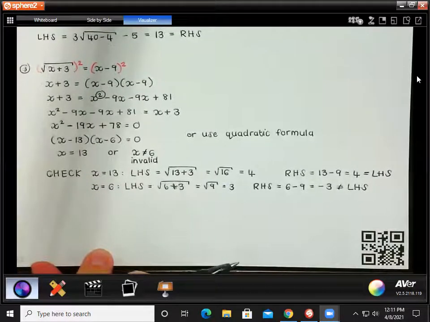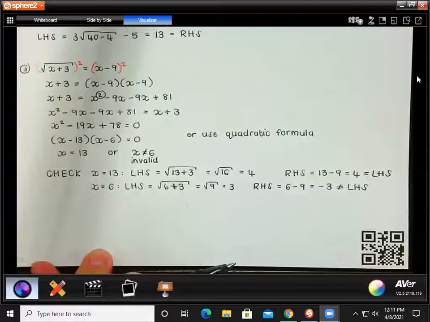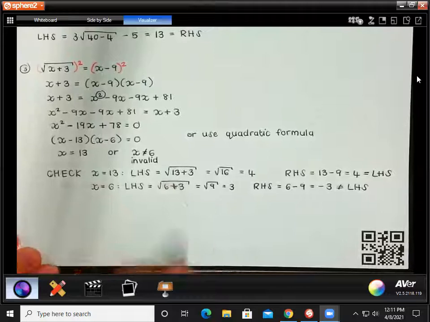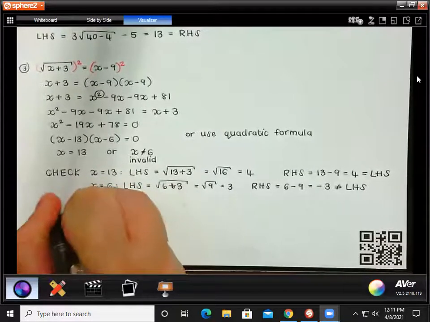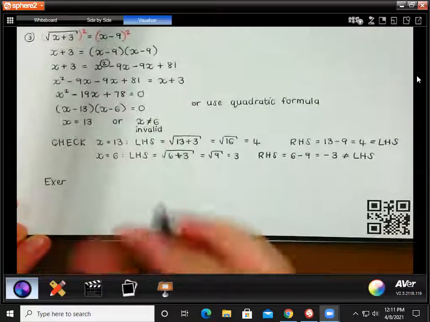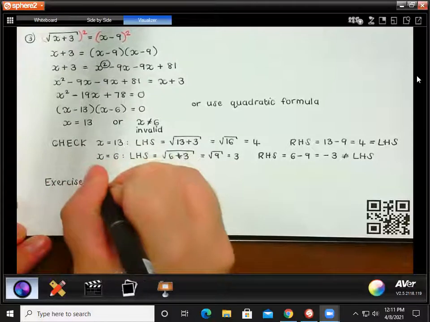Okay, I am just going to give you some of these to practice on your own. So let's see, exercise 15. And guys, we are actually done with exponents and surds now. This was the last topic. Yeah, from Monday.